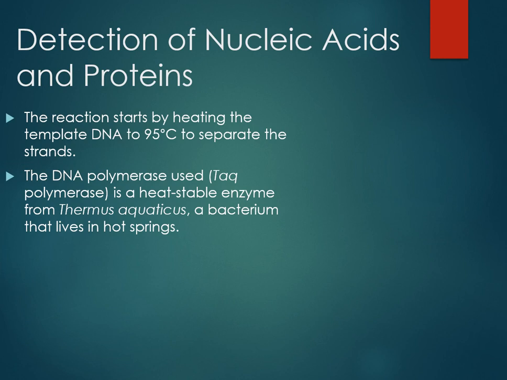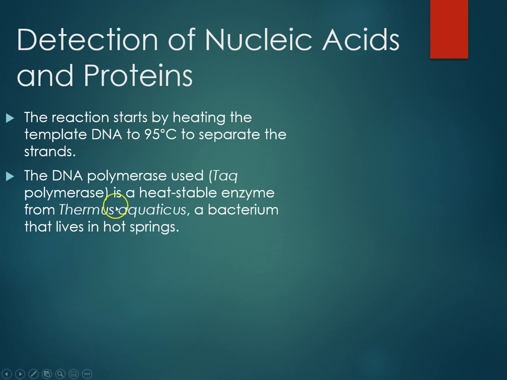Now, there's a special polymerase used in PCR, called Taq polymerase. The reason Taq is the polymerase you can use for this procedure is that it's heat stable. This polymerase is derived from a bacteria that lives in hot springs, so obviously super hot, and therefore its enzymes, particularly the Taq polymerase, have adapted to survive those high temperatures.